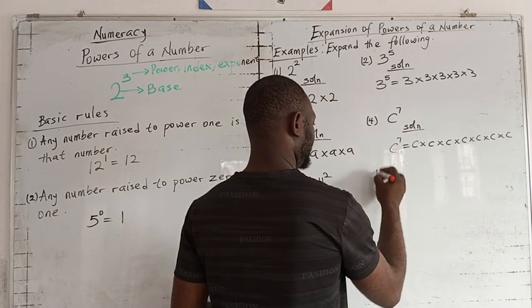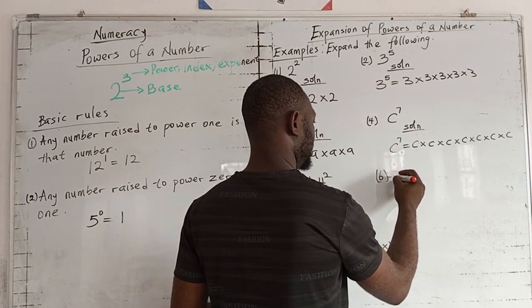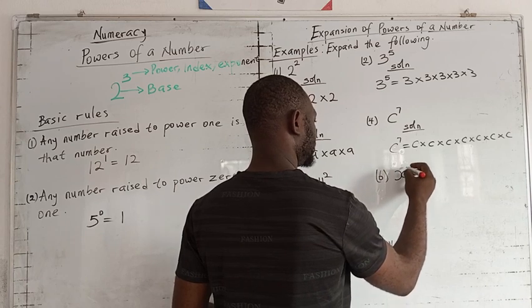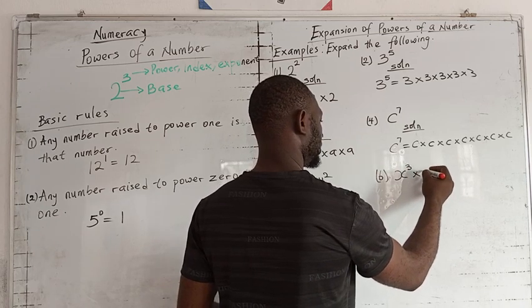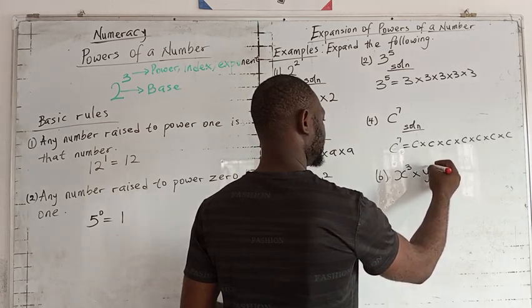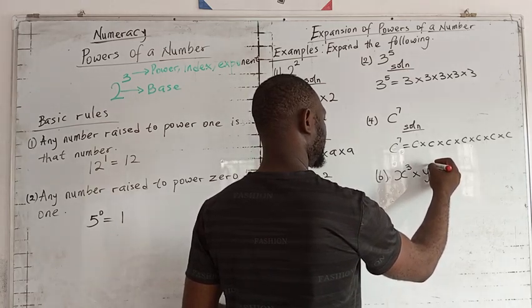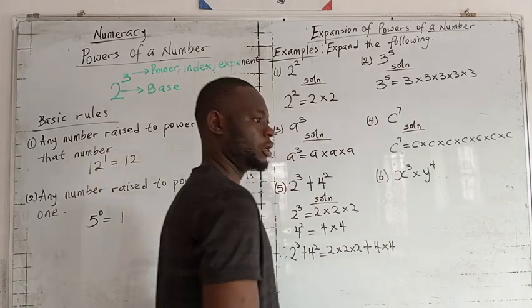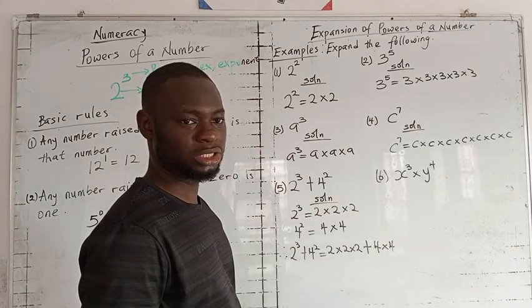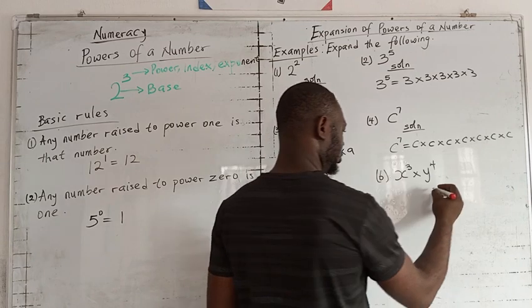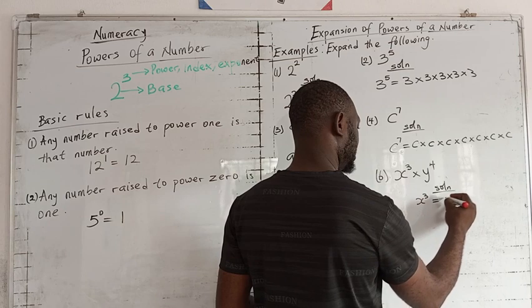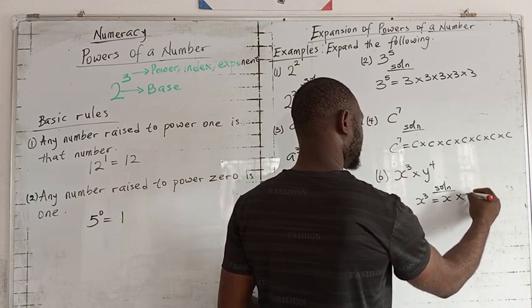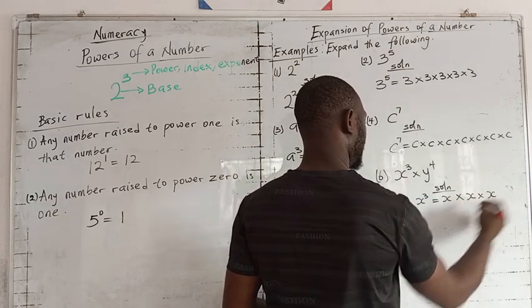Now, if we have here, let's say, x to the power of 3 times y to the power of 4. Okay? We expand and multiply. Okay, let's look at this solution. What is the expansion of x raised to power 3? It becomes what? X times x times x.